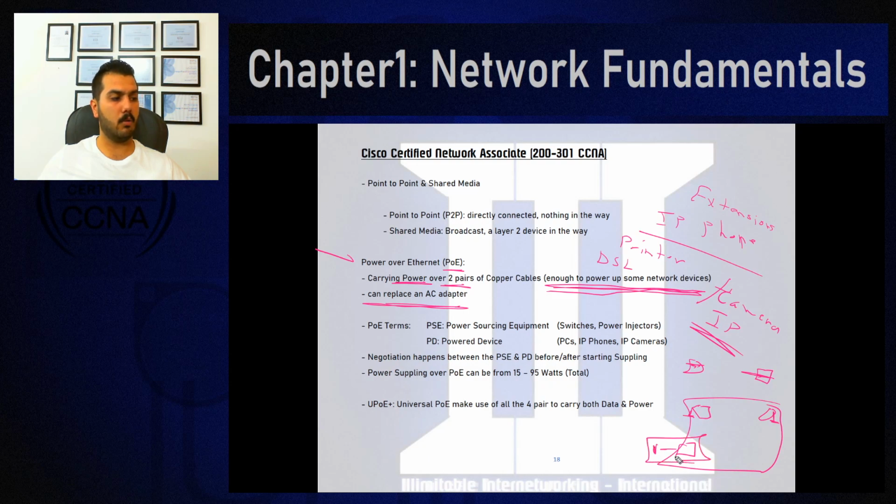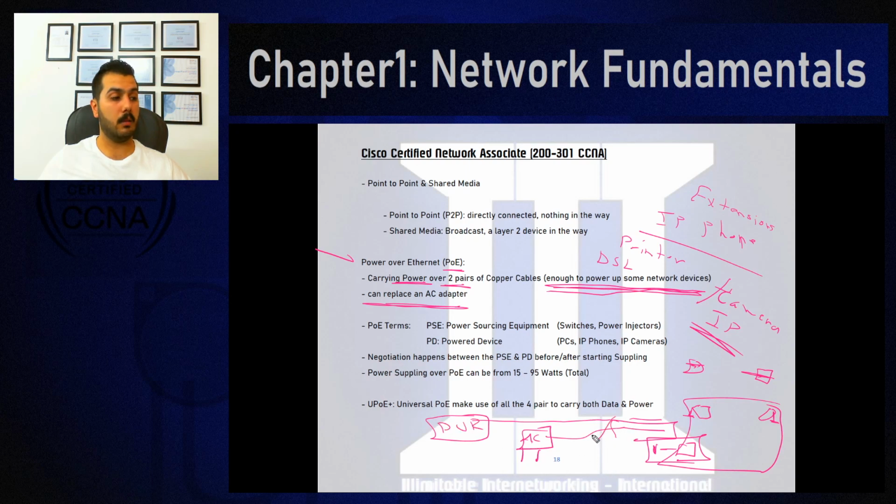For each camera you have to run 2 types of cables. The first one is for power, and it ends up with an AC adapter that is plugged into the electricity source, and the other one is to carry data and is connected to what is called the DVR.